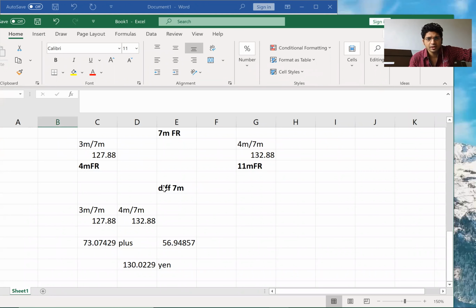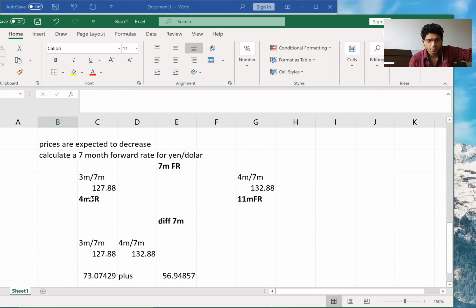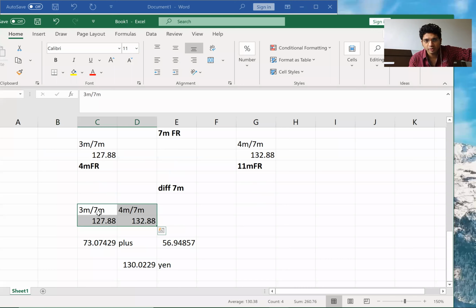Okay, last part. I'll explain the last part again. What I wanted to do, I wanted to have a cross multiplication. I want a mid rate, right? I don't want the 3 months rate, and neither do I want the 4-month rate. So I have the 4-month rate and the 11-month rate, and I want the mid rate. Since 7 month is in between, it is a mid rate, so you have to cross multiply these figures.